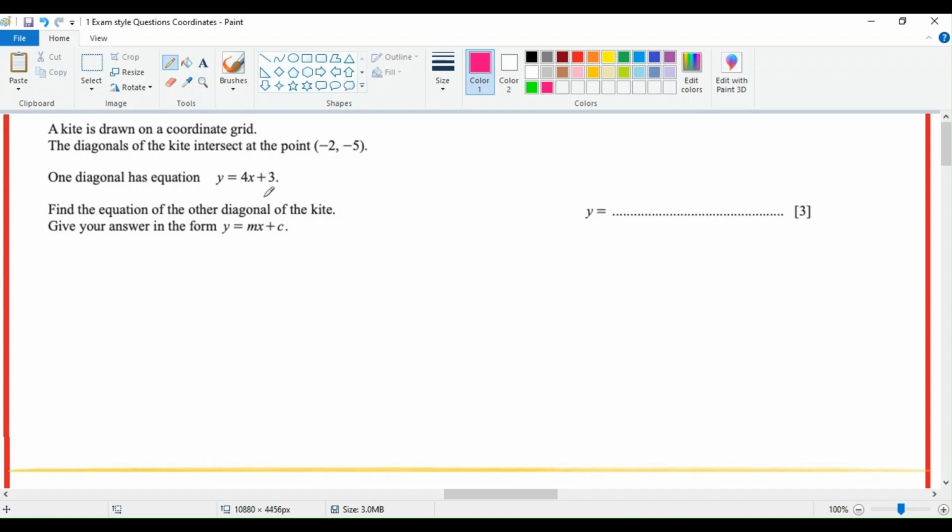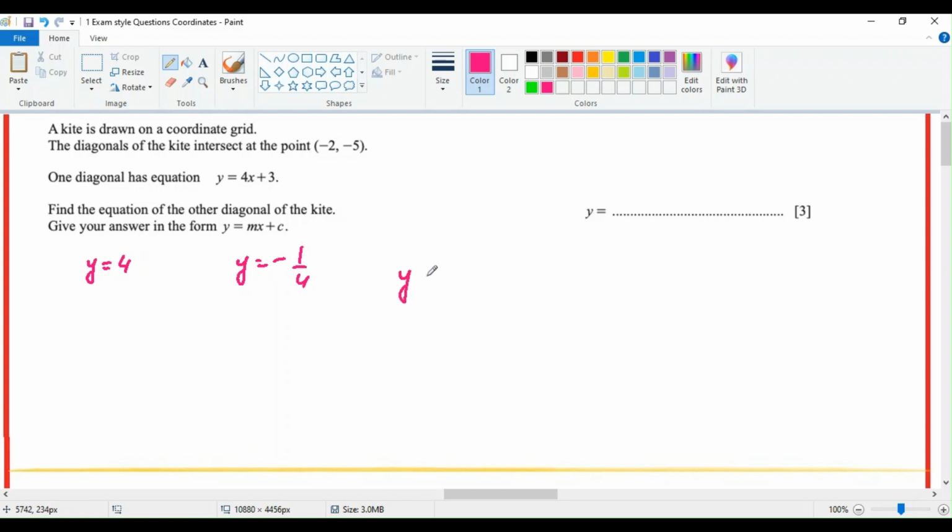That means we know the slope is 4, and the diagonals of the kite intersect at a 90-degree angle. That means the slope of the other one is going to be the negative reciprocal. The slope of the first equation is 4, so the slope of the other one is going to be negative 1 over 4.